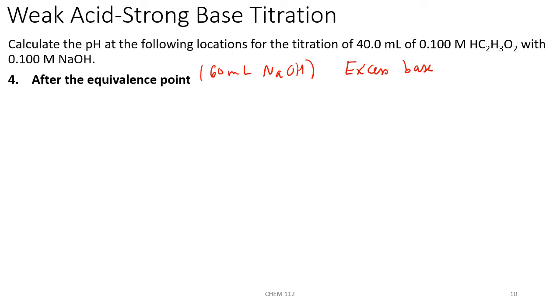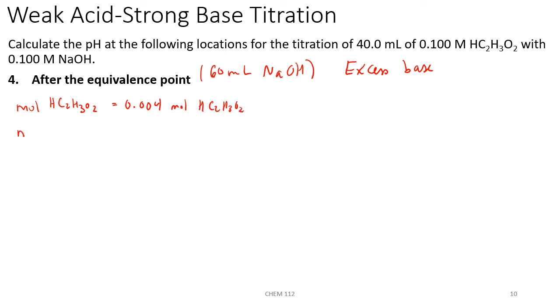So this goes back to actually just being a general stoichiometry problem now, because we can figure out how many moles of excess base we have to calculate the pH. A few times throughout this example, we calculated the moles of acetic acid. Initially, we had 0.1 molar and we had 40 milliliters, so that gave us 0.004 moles of our acetic acid.